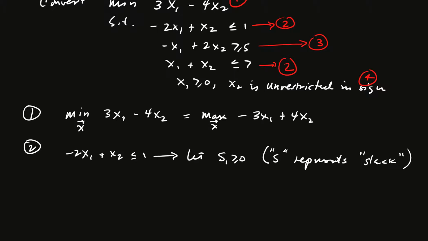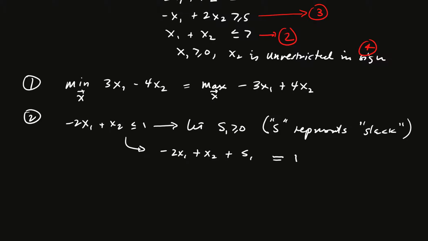That's why we're using the letter S. So we're going to redefine it: minus 2x1 plus x2 plus s1 is going to be equal to 1. So that really defines s1, right? s1 is defined in terms of x1 and x2.